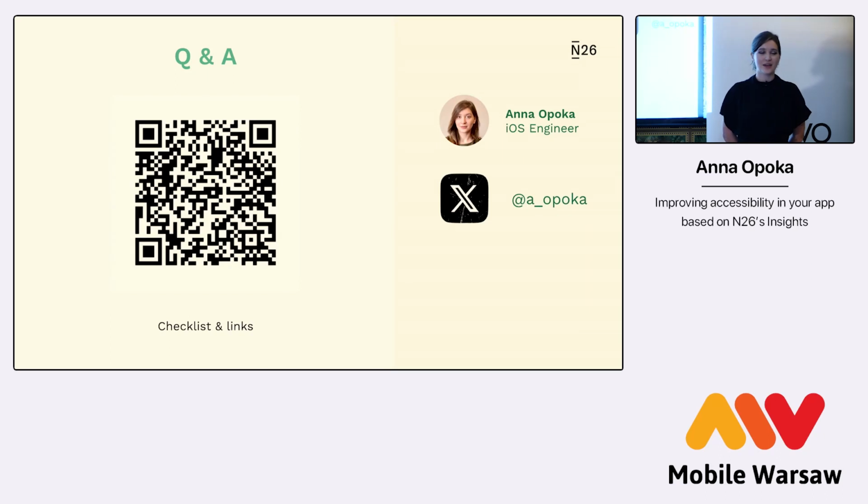So, yeah, I mentioned that we are moving slowly to SwiftUI, and right now we are also finishing moving the whole design library to SwiftUI. And I know that while this process was starting, accessibility was already considered on a design level before the implementation.